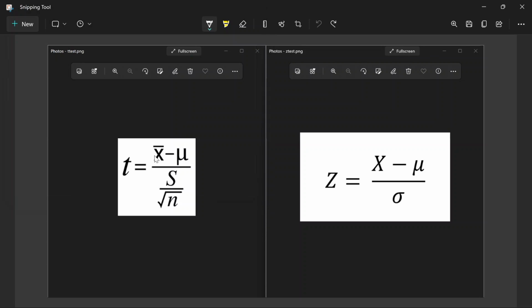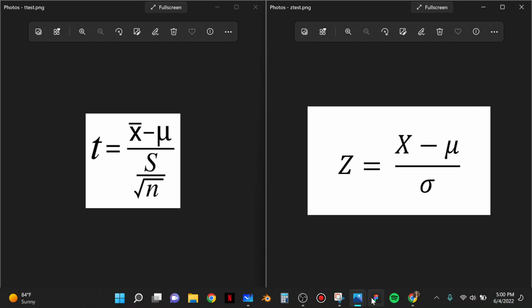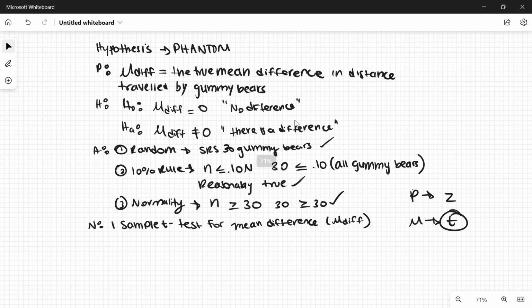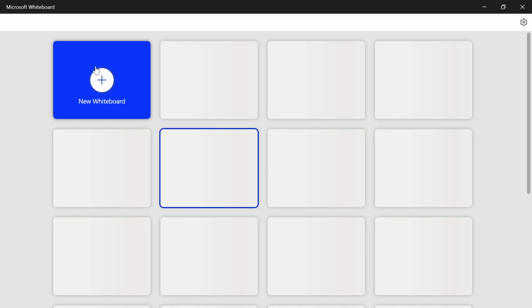Z versus T. Let me open this in the whiteboard in a new one because I'm gonna save this later.